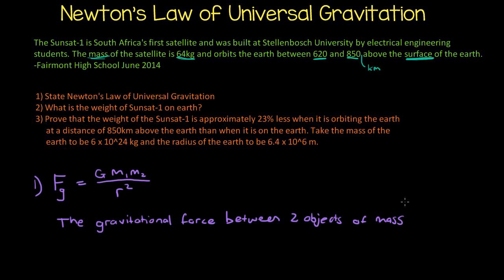Now, when we're saying laws, we never say things like equal to or not equal to. We say things like proportional or inversely proportional to. So the gravitational force between two objects of mass, which is this guy here, is directly proportional to the product of the masses, right? Because they're on the top of the fraction, and inversely proportional to the square of the distance between them.